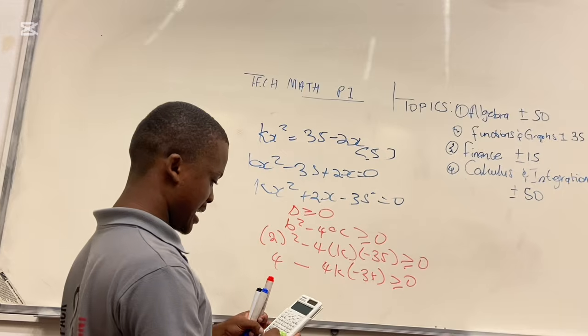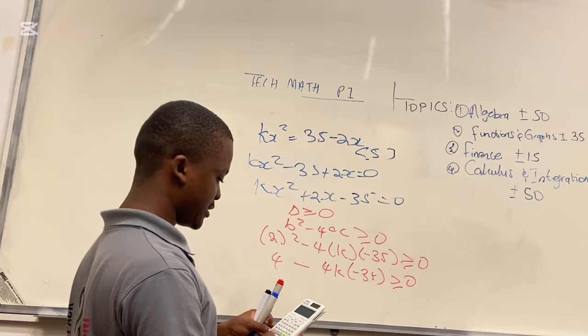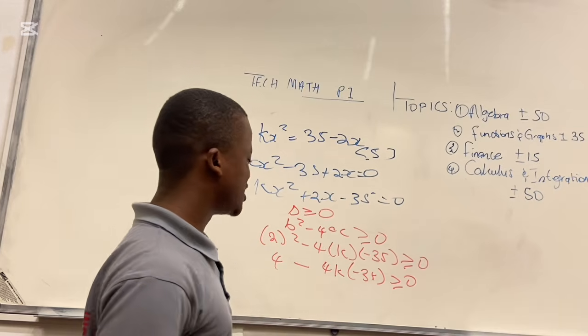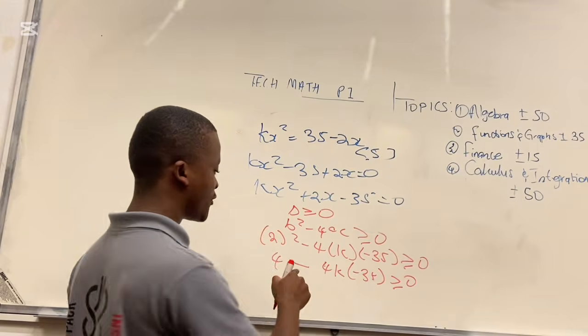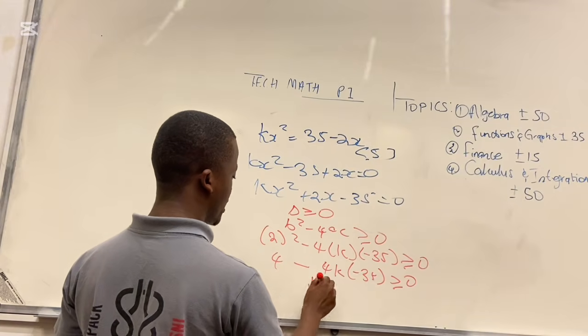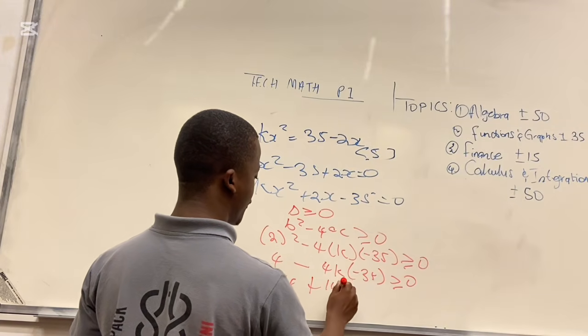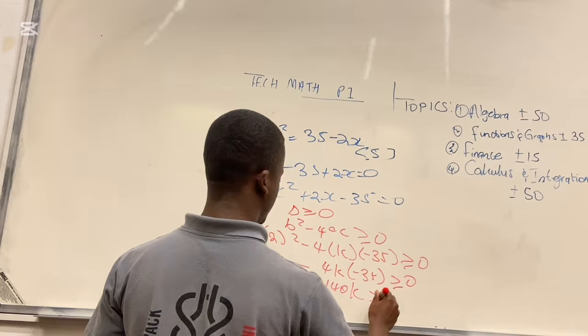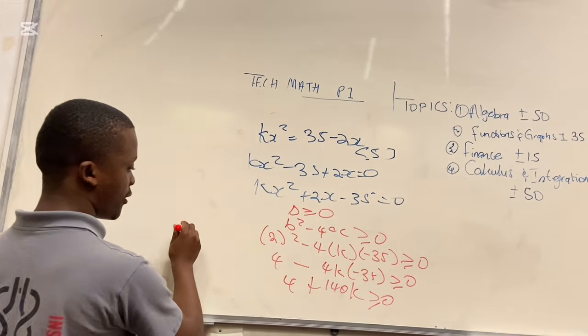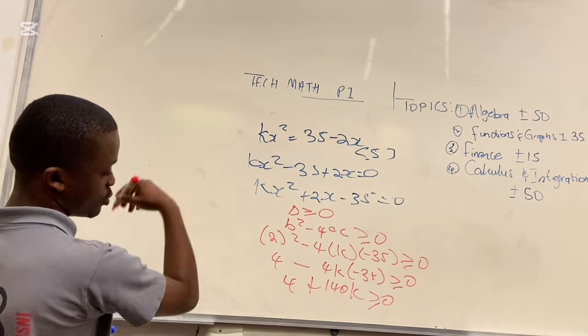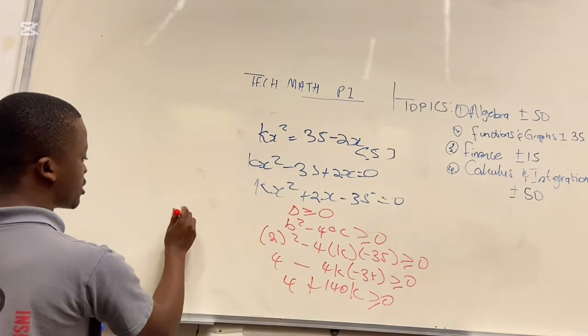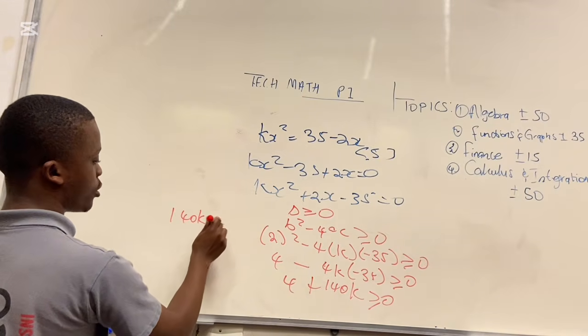Negative 4 times negative 35 gives positive 140, so we have 4 plus 140k greater than or equal to 0.